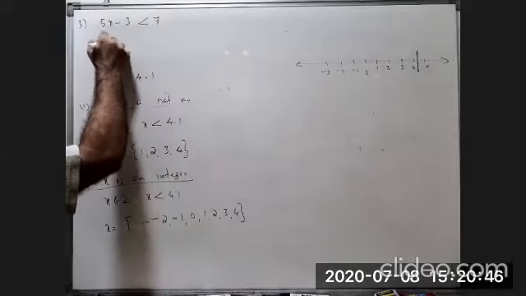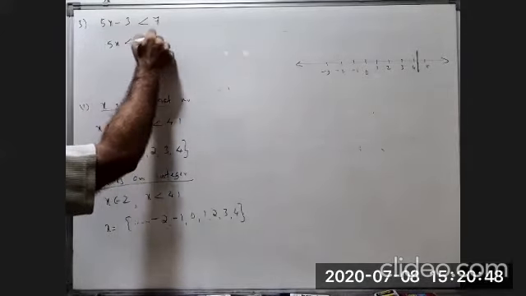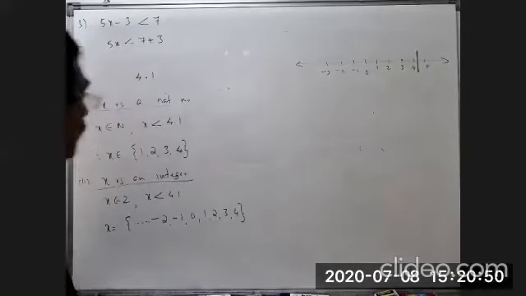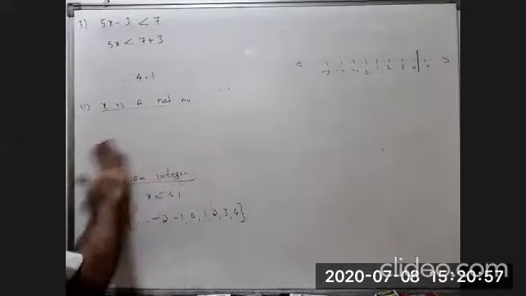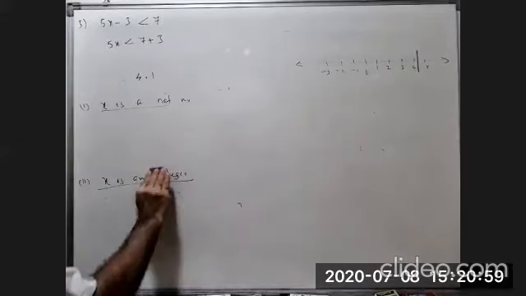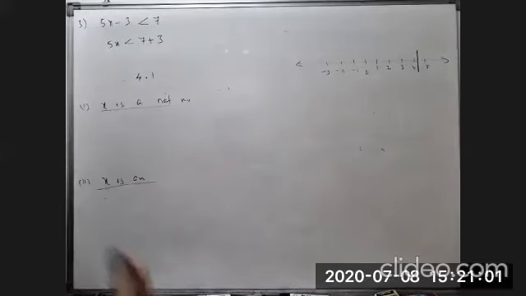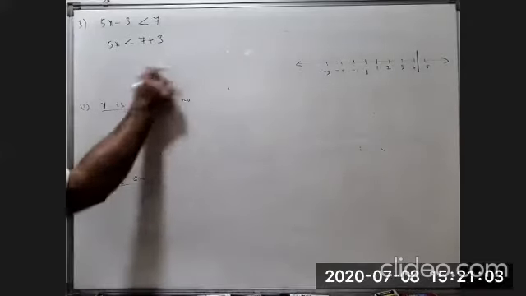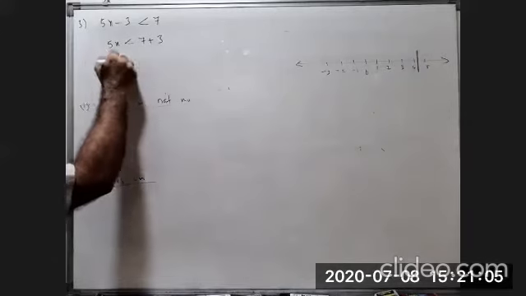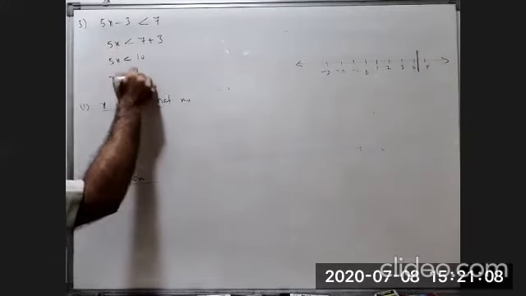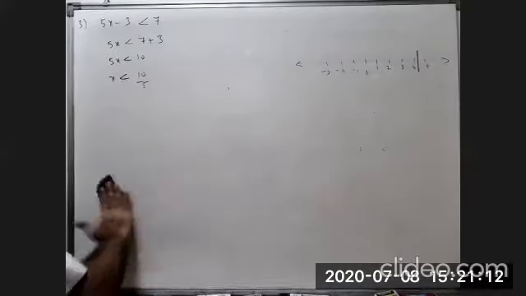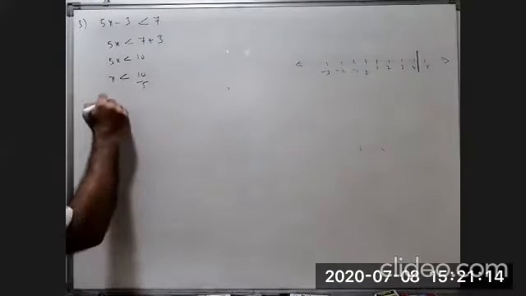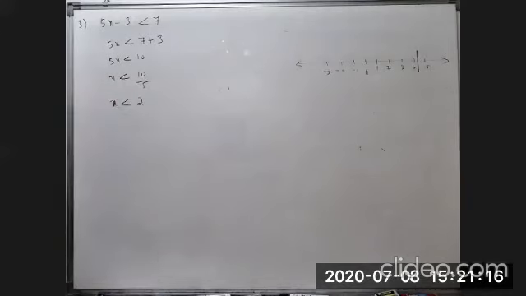Again, 5x less than 7 plus 3. 5x less than 10. x less than 10 by 5. We got x less than 2.